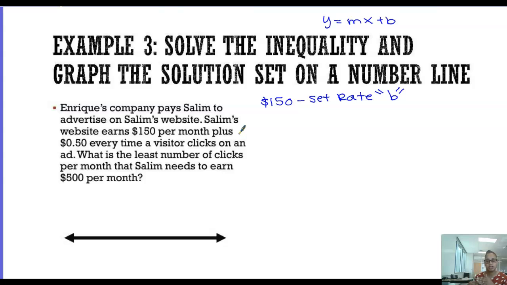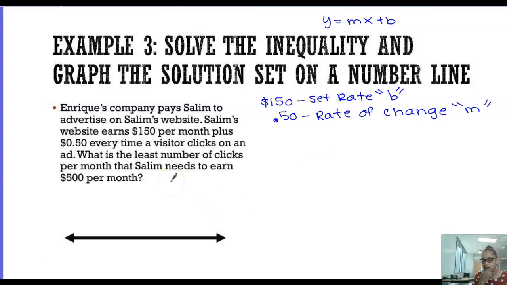So whenever it's changing like that, we would consider that our slope or our rate of change, or my m. What is the least number of clicks a person can make per month if he wants to earn $500?